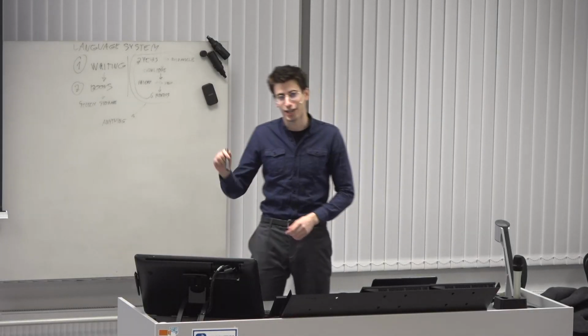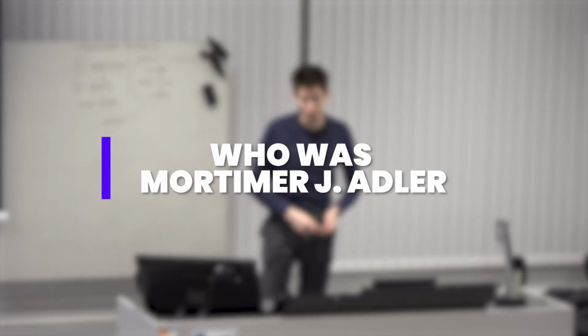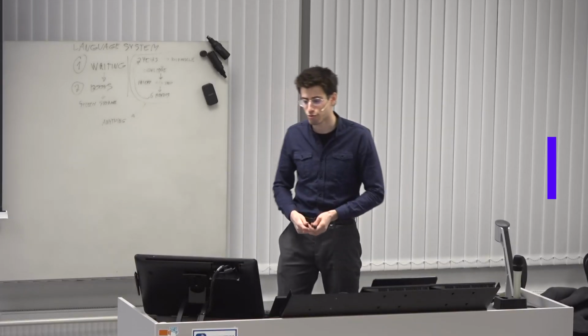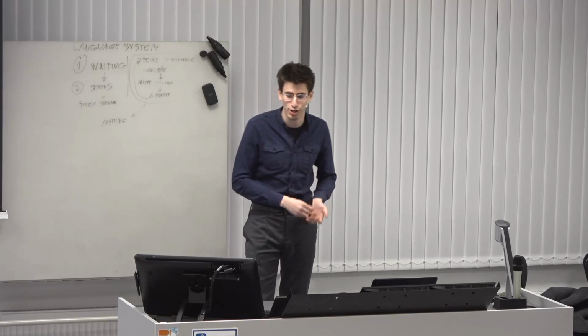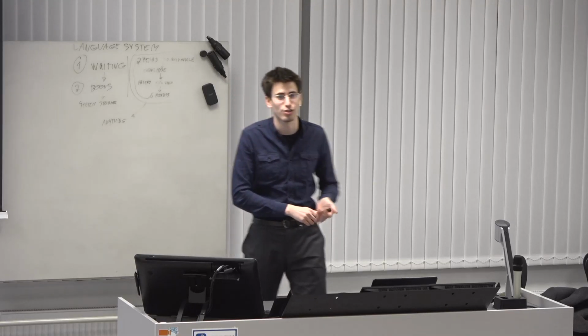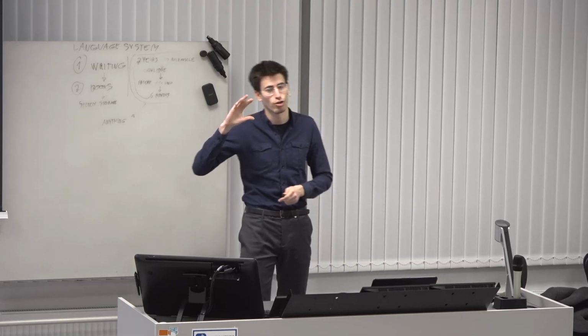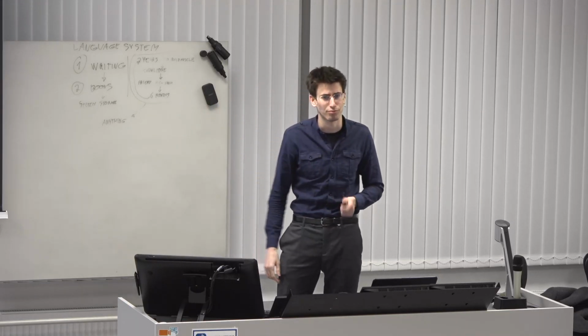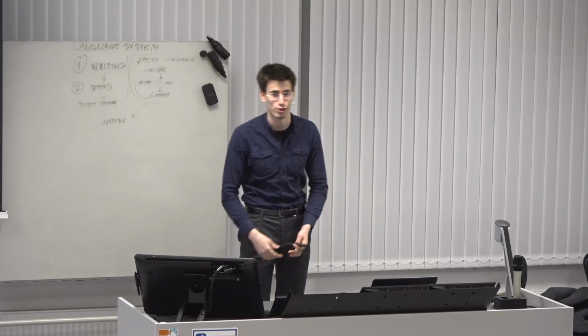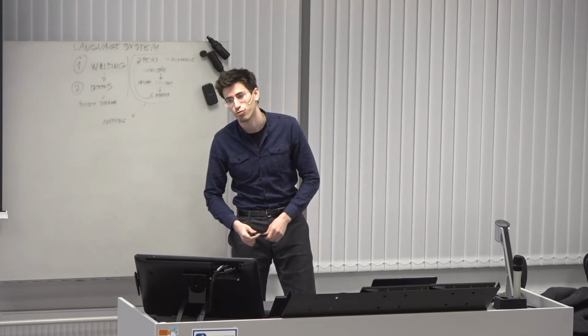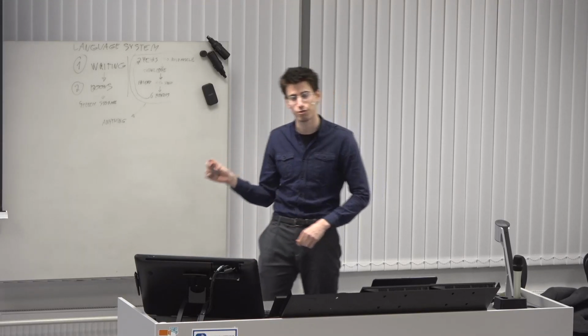Mortimer J. Adler. Who's this guy? Mortimer J. Adler was an American philosopher, educator, and encyclopedist. And he was a professor at Columbia University. If you don't know what Columbia University is, it's one of the most prestigious Ivy League universities in the United States.